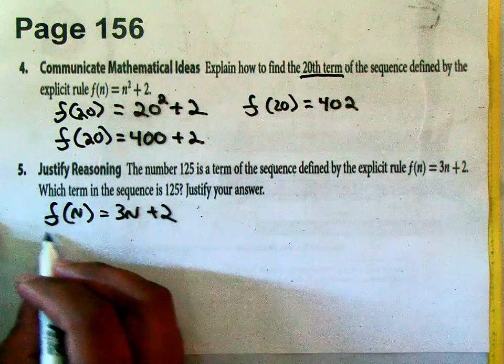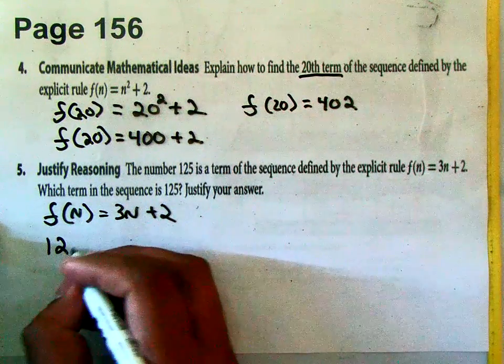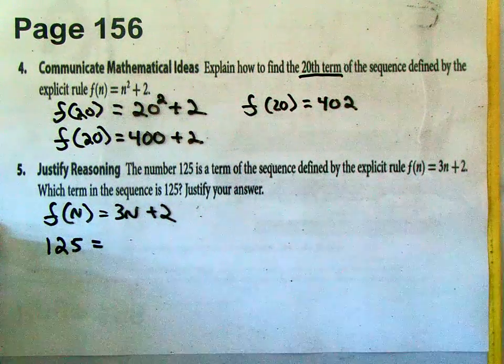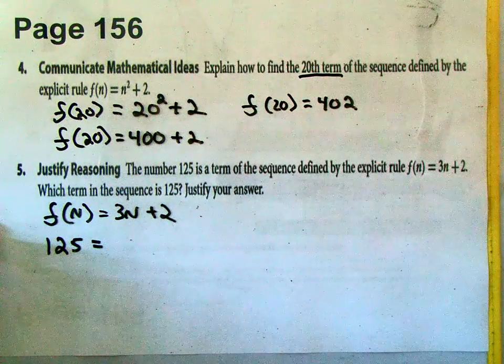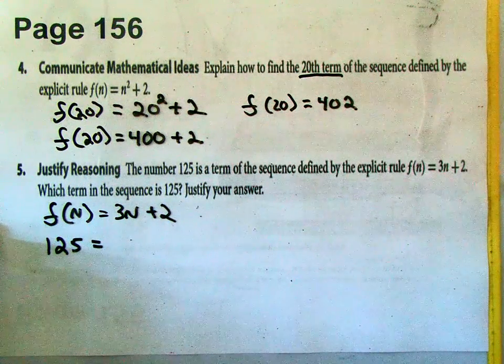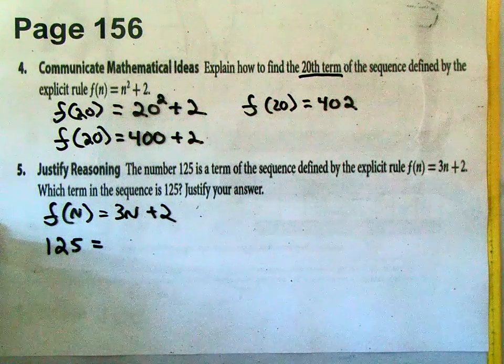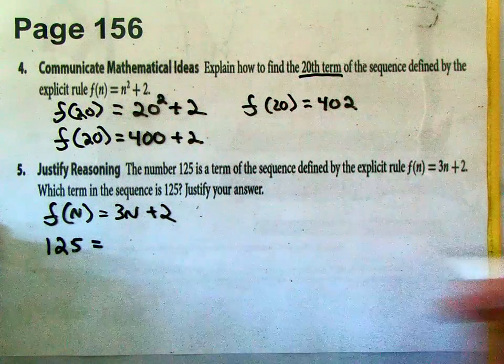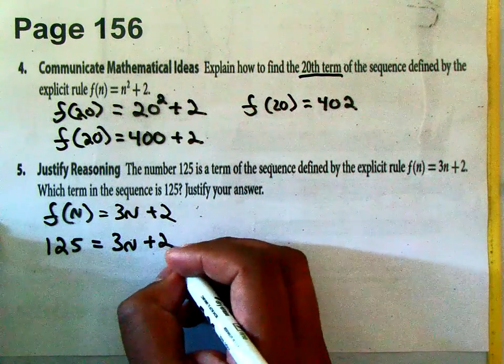So I'm going to replace this whole f of n with 125. All right, and then I'm going to bring down this 3n plus 2.